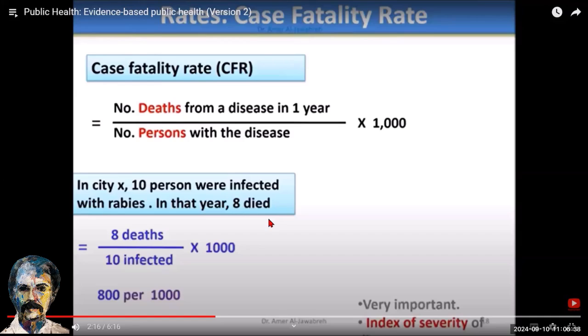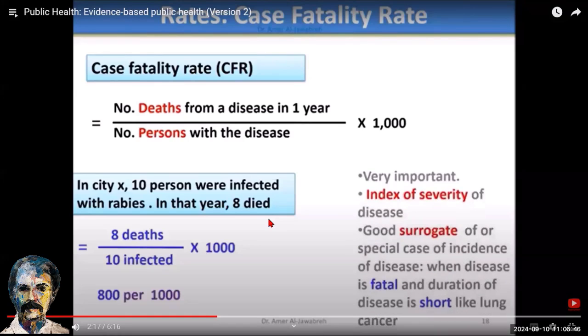Despite this disease having a long incubation period, which as you remember from the last lecture can reach up to one year, once you start showing the symptoms, it becomes too late. This is a very important rate, not very commonly used, but very important. It is an index of severity of disease.